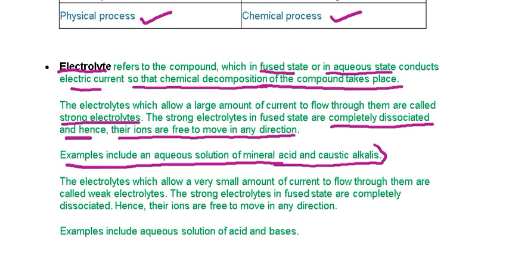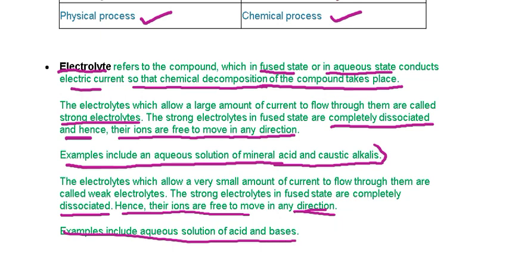The electrolytes which allow a very small amount of current to flow through them are called weak electrolytes. Their ions are free to move in any direction. Example, an aqueous solution of weak acids and bases.